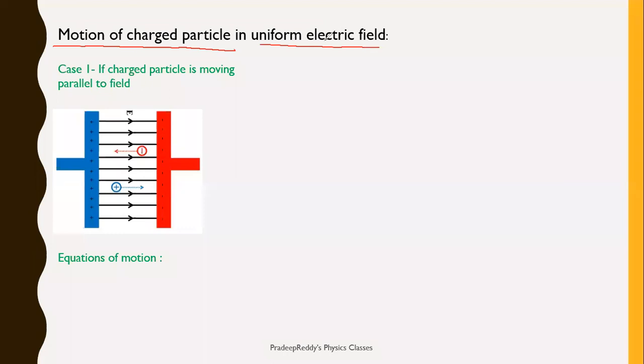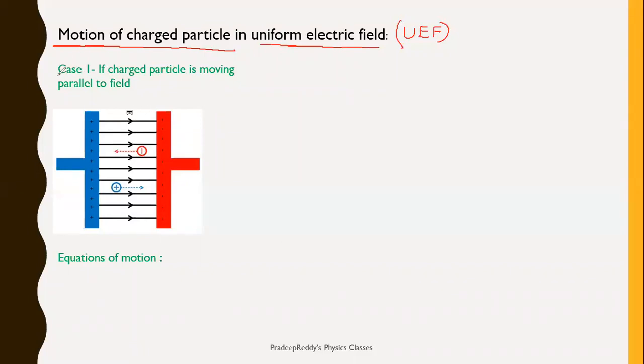Remember that I am taking a uniform electric field. So whenever I want to write uniform electric field, I will be using UEF, and whenever I want to write non-uniform electric field, simply I will add one more N to the left of this. So uniform electric field and non-uniform electric field.